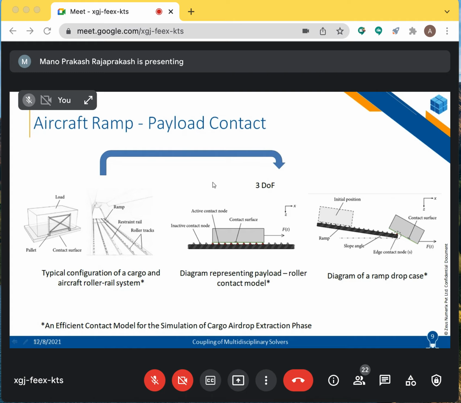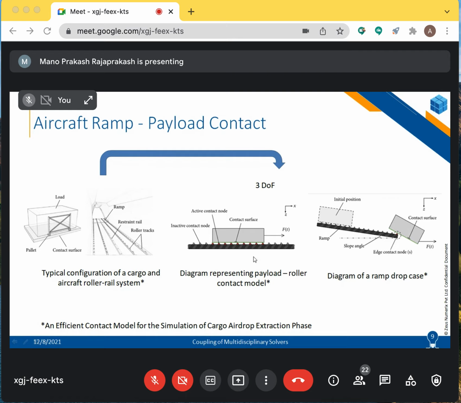Here the objective of this discussion is how to model the presence of the aircraft, that is the aircraft ramp and the payload contact. As we see here, there are rollers at the bottom, which roll over these rails. These are restraint rails, which means the payload is permitted to move only in 3 degrees of freedom, meaning it can move along this x direction.